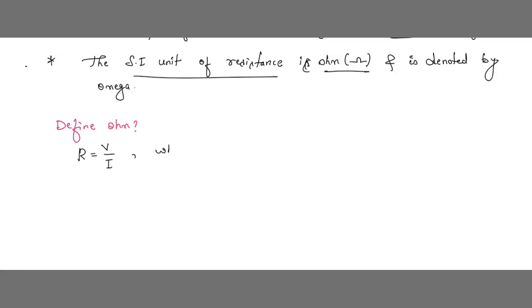When R is equals to V by I, when V is equals to 1 volt and current is 1 ampere, then R is nothing but 1 ohm.